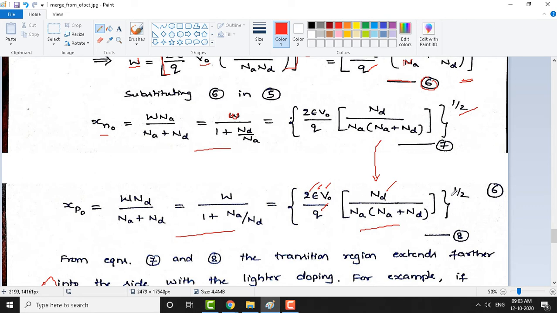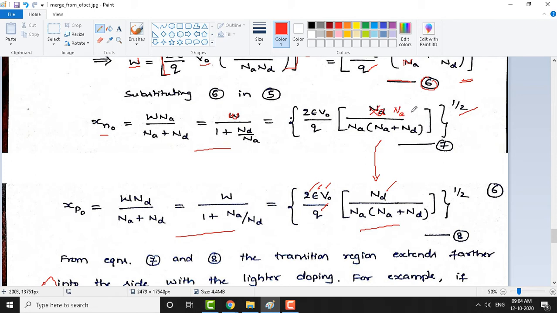So there are two equations here, one for xn naught and the other for xp naught. Here in the xn naught equation, I think there is a small change. There is a mistake here. This is not Nd, this is going to be Na. So the xn naught is in terms of Na. Let me strike this out and rewrite here, this is Na.